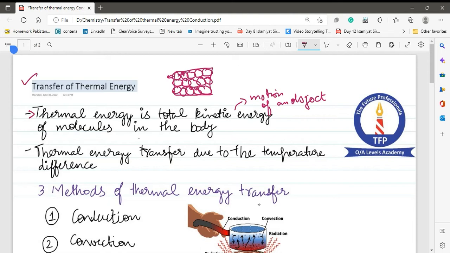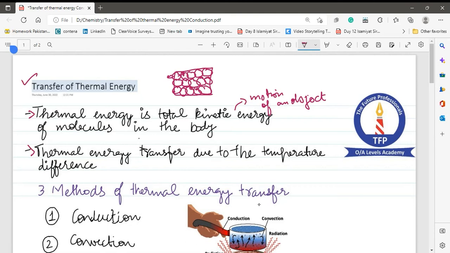When we heat this solid, it will gain thermal energy, and that thermal energy will be converted into the kinetic energy of these molecules. So please remember the thermal energy is converted into the kinetic energy of the molecules, due to which the vibration of the molecules increases.